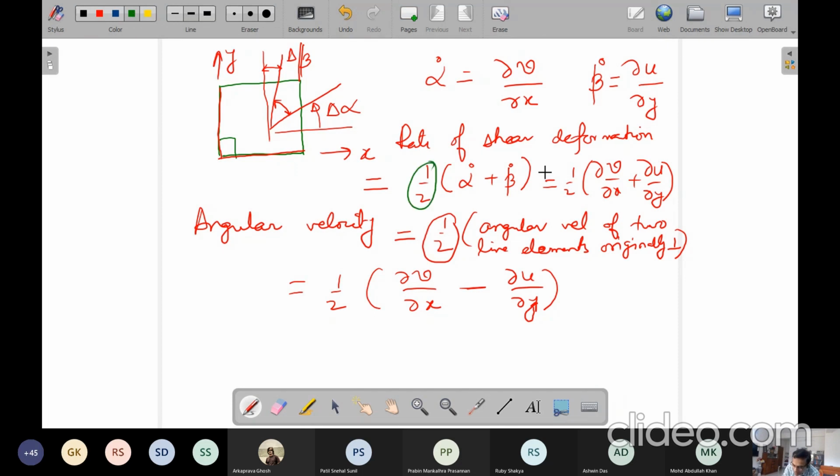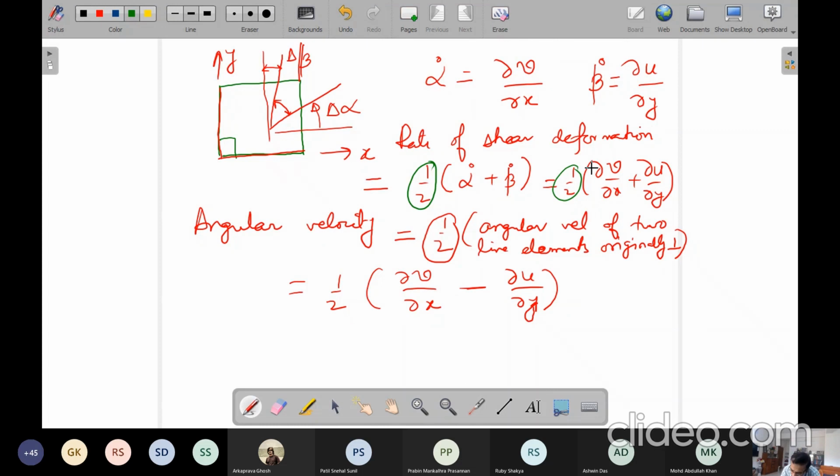This half we will include at the end. If you see the original definition that is being put forward, there is no question of averaging, because what it simply says is the rate of change of the angle between two line elements that were originally 90 degrees.